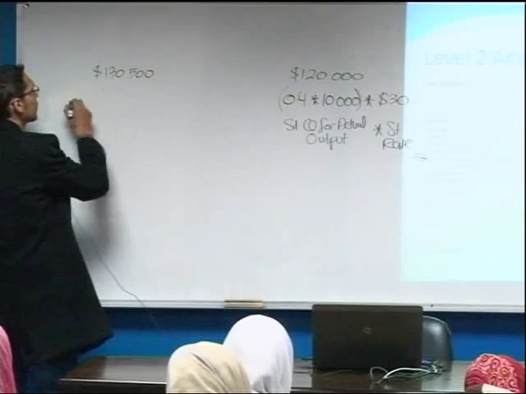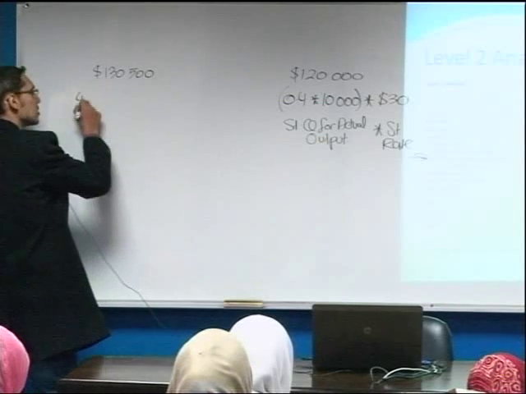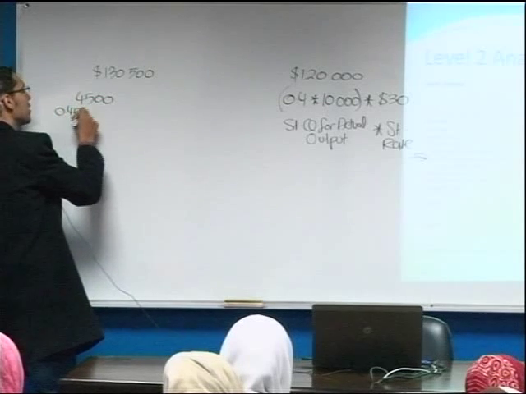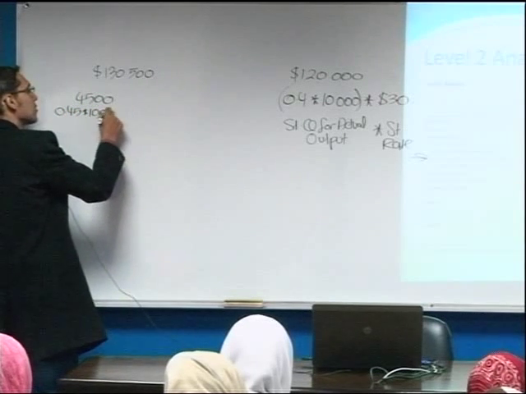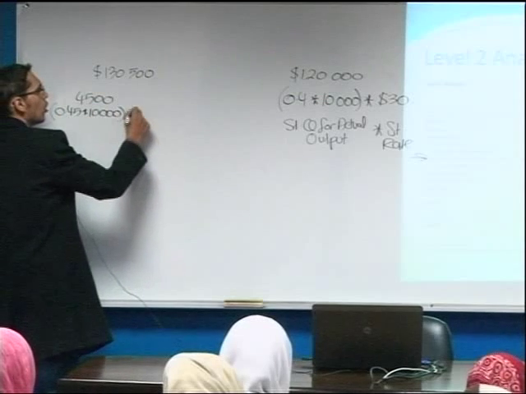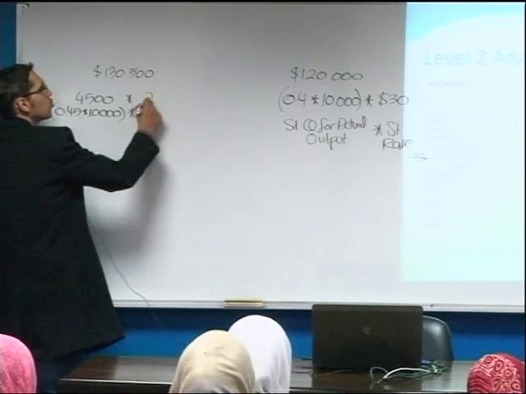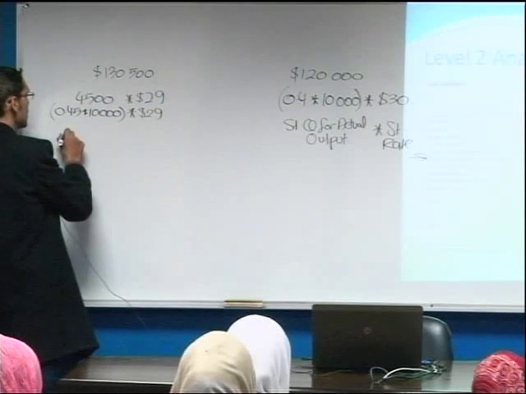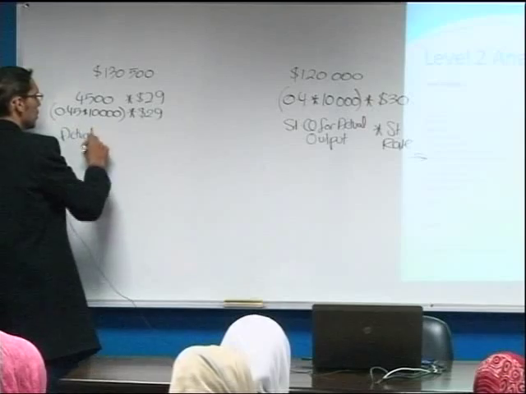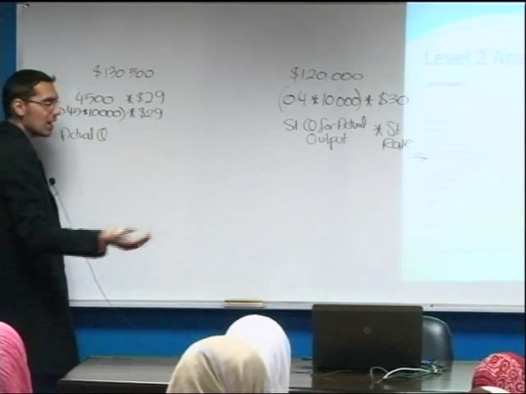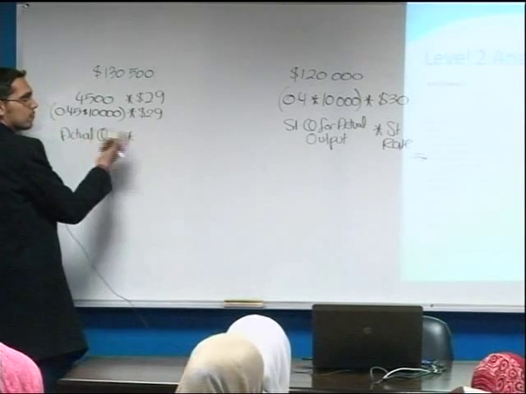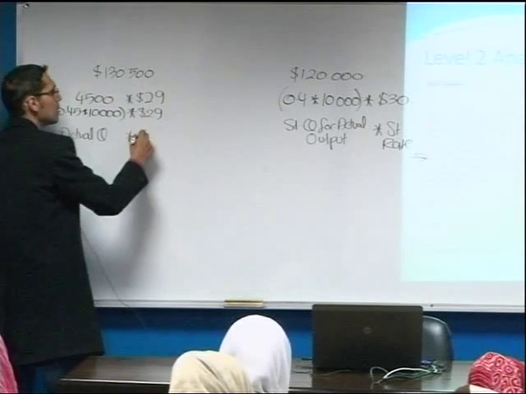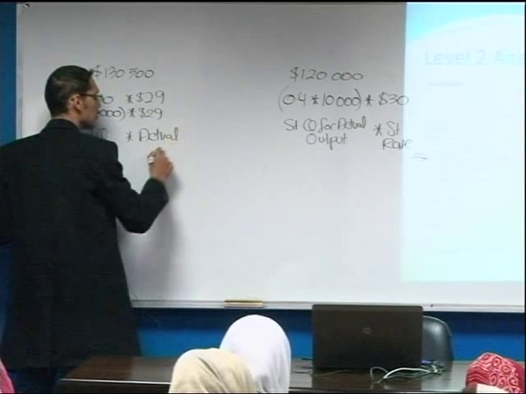Therefore, here it was 4,500 machine hours, which is 0.45 hour per unit multiplied by the 10,000, multiplied by $29. This is the actual quantity for the actual output, multiplied by the actual rate.